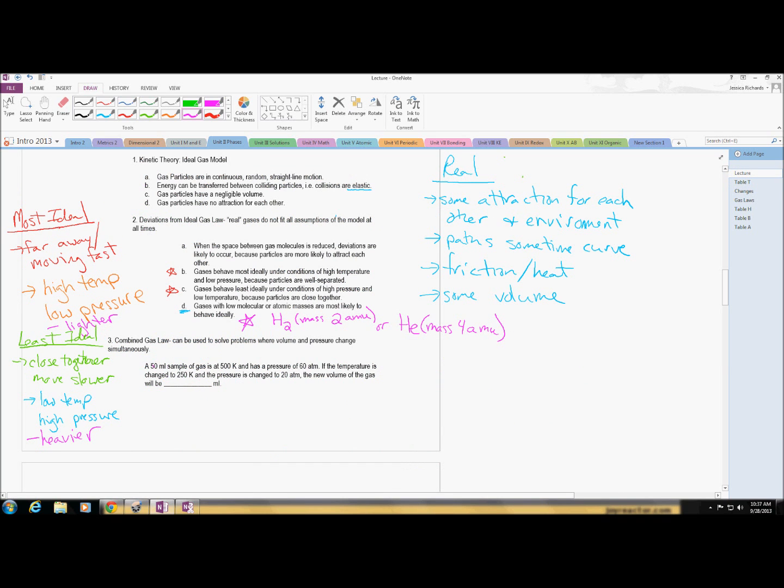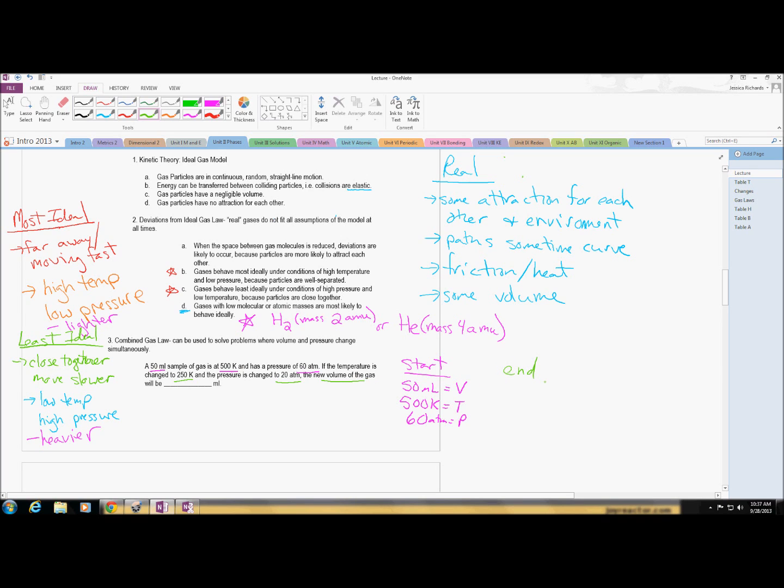When you see a question, again, I want you to look for the key parts. A 50 milliliter sample of a gas is at 500 K and has a pressure of 60 atmospheres. So we're starting with that. If the temperature is changed to 250 K and the pressure is changed to 20 atmospheres, what is the new volume?